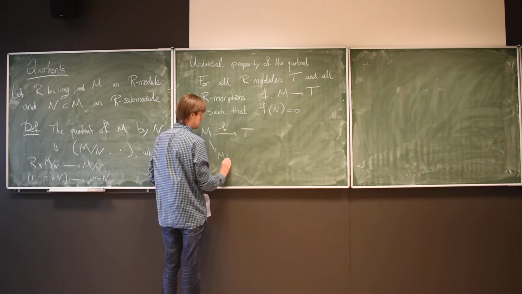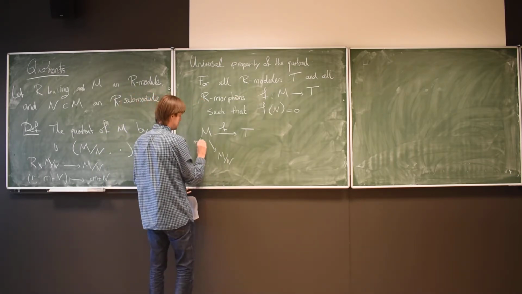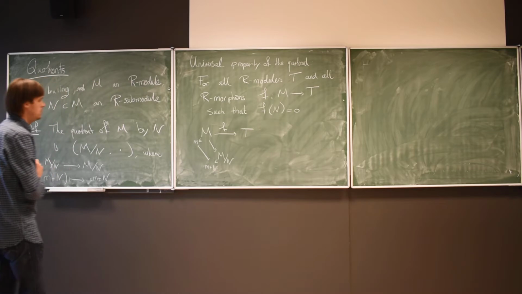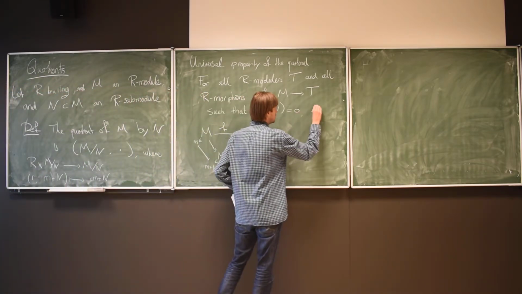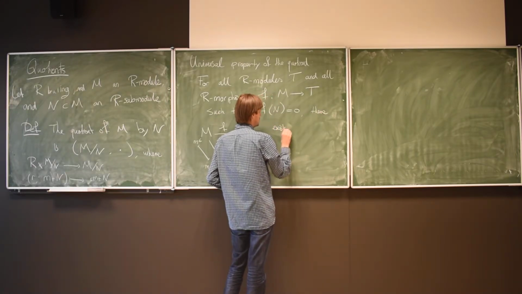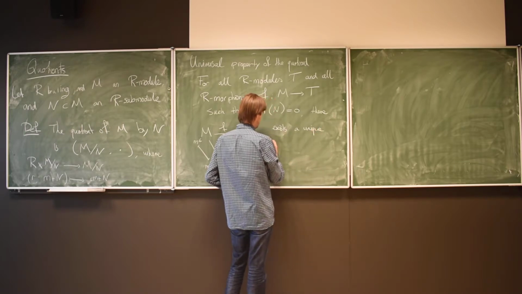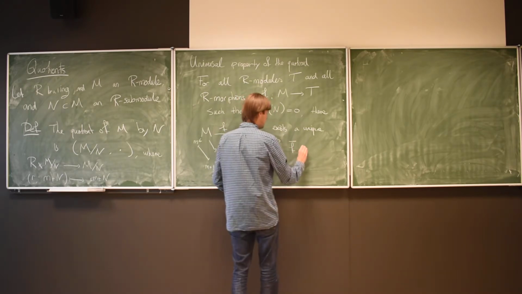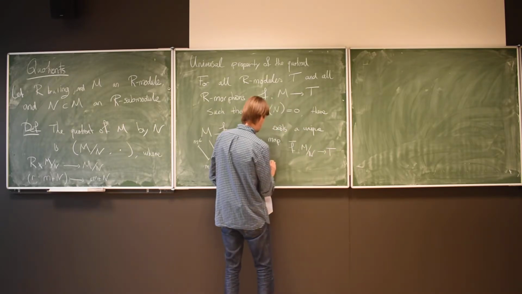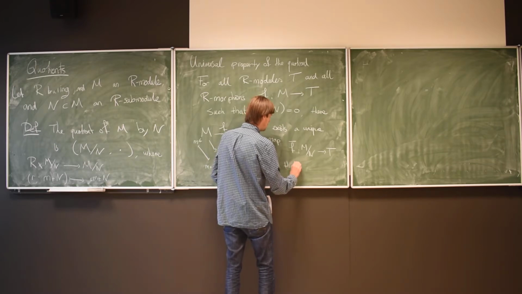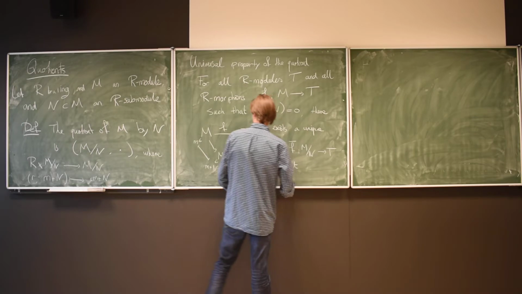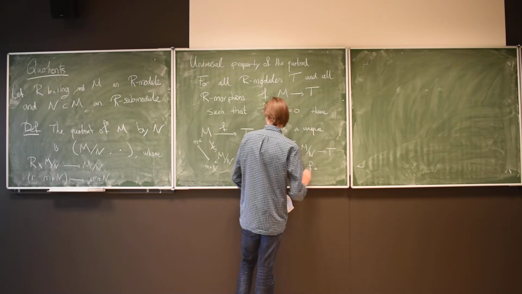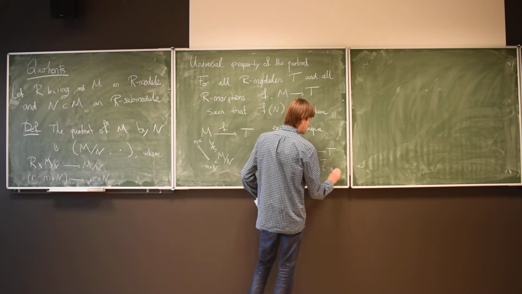Here I have my quotient, where I just send an element m in M to m plus N. This way, there exists a unique map, let's call it f bar, from M mod N to T, and let's call this map here q, such that f is equal to f bar composed with q.